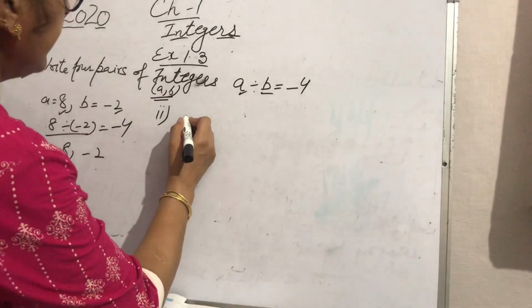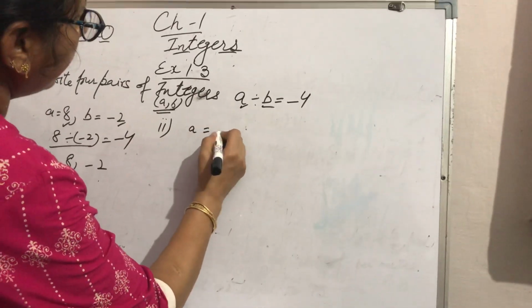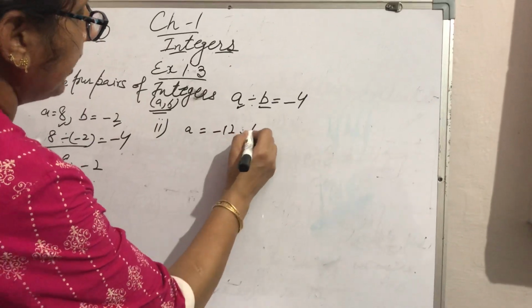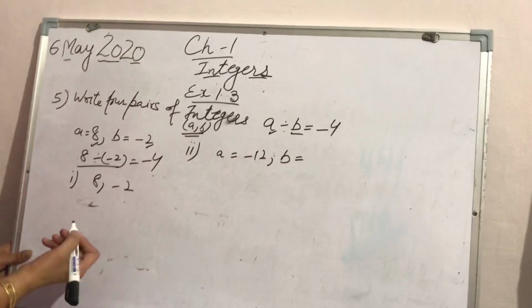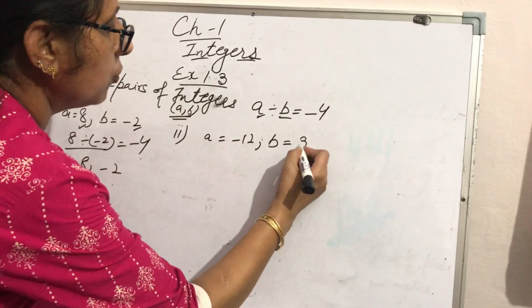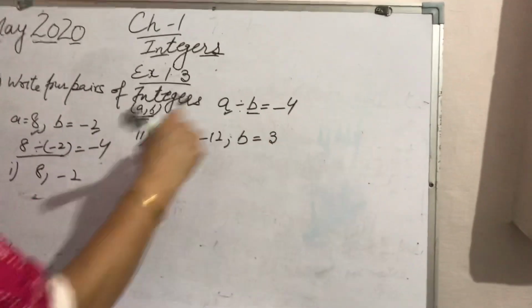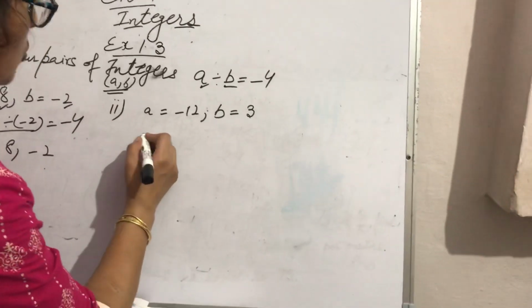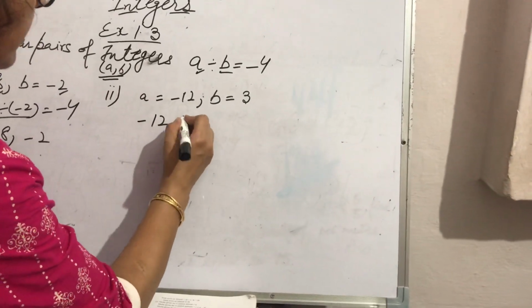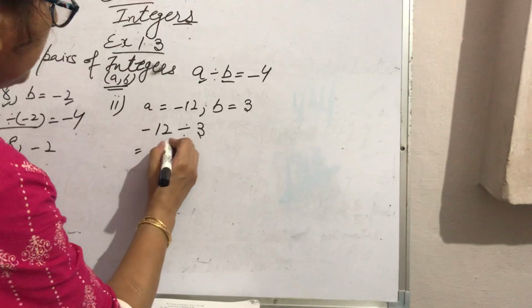Suppose we are taking a -12 and what should be b? We need 4? Obviously 3 fours are 12. Again different signs are there because we need negative sign. So -12 divided by 3 will be -4.